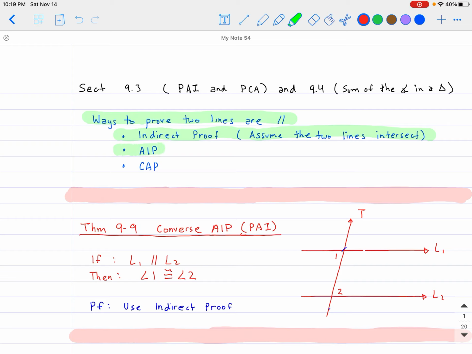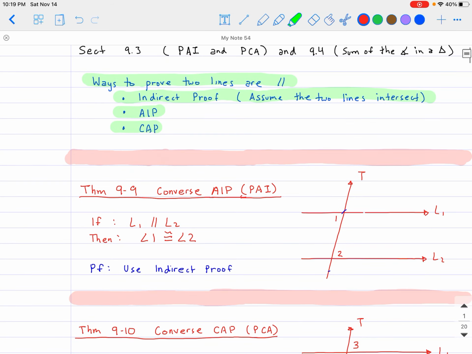Or you can use AIP to say that if the alternate interior angles are congruent, then the two lines are parallel to each other. Or finally, we can use CAP, which says that if the corresponding angles are congruent, then the two lines that are cut by the transversal are going to be parallel to each other. So those are the only three ways for the time being.